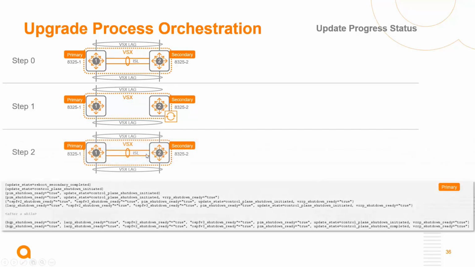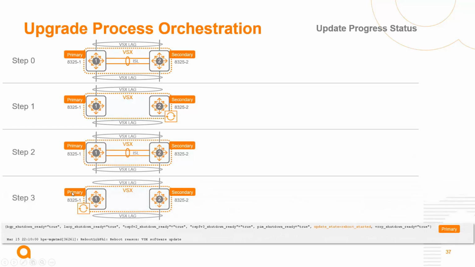Step 2, we'll have the primary. Once the secondary is back on the cluster, the primary will start as well the control plane shutdown. Exactly the same process. Step 3, we'll also monitor that the graceful shutdown is completed, and then the reboot is started.